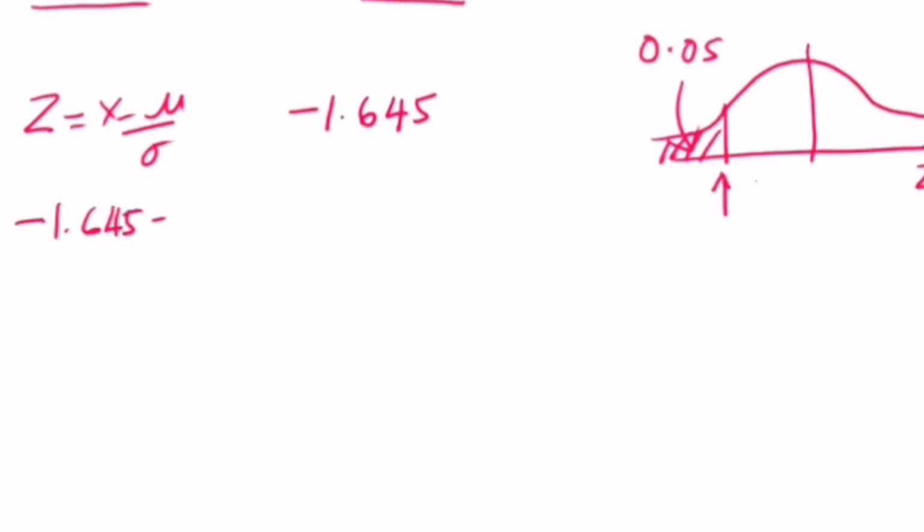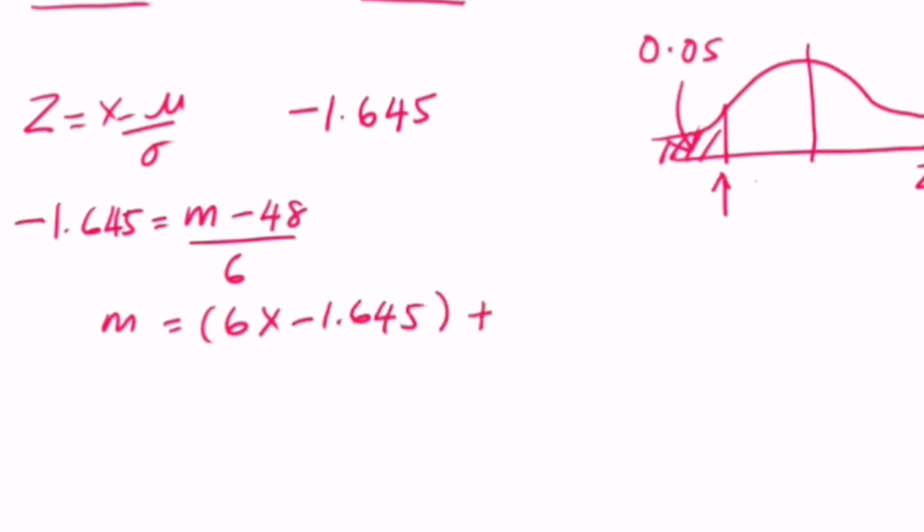So again, negative 1.645 is equal to m, the one that you want to solve, minus 48 divided by standard deviation, which is 6. Now we can solve m by cross multiplying: 6 times negative 1.645 and then plus the 48. The answer for m is 38.13. But the marks is always an integer, so the passing mark is 38 marks.